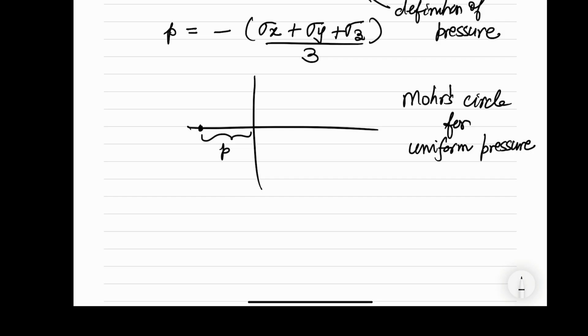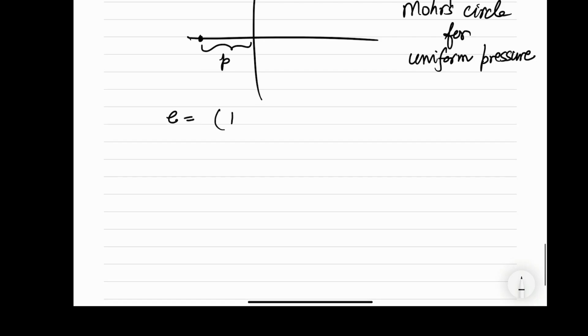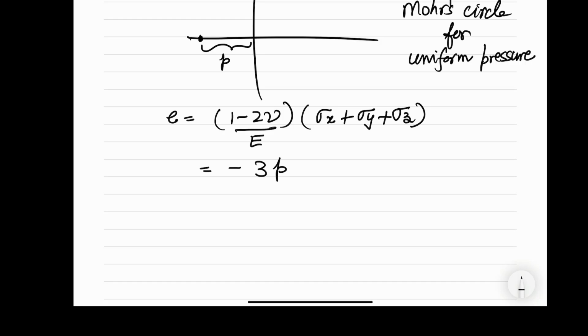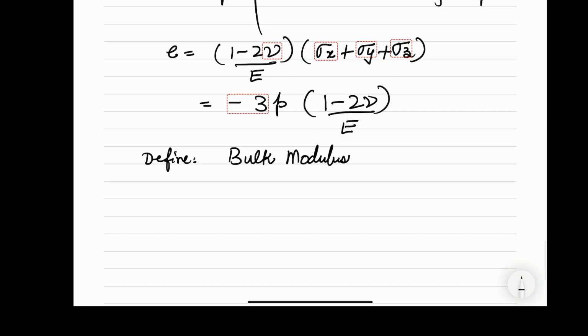Okay. So now, for this case, if we look at e, which we defined as 1 minus 2 nu upon E times the sum of stresses, this becomes equal to minus 3P into 1 minus 2 nu upon E. And we define a quantity called bulk modulus, for which we use the symbol K, defined as E divided by 3 times 1 minus 2 nu.